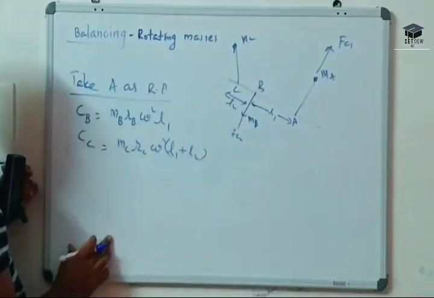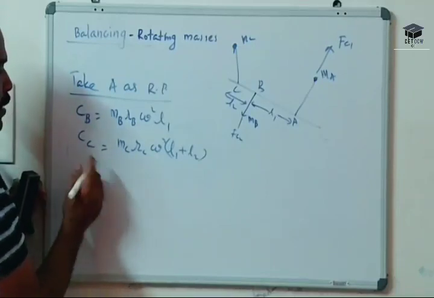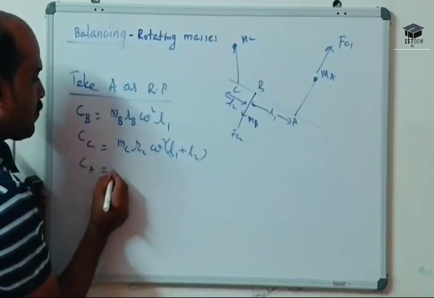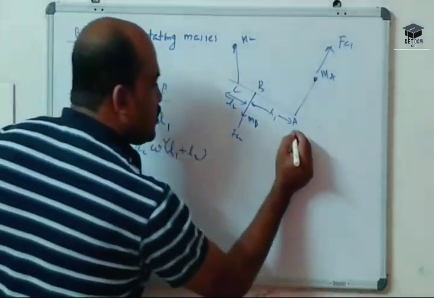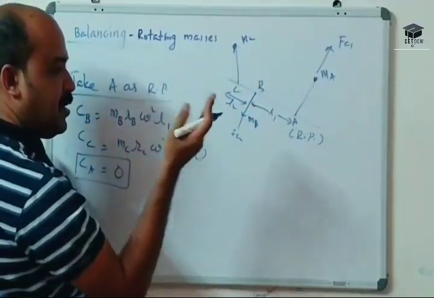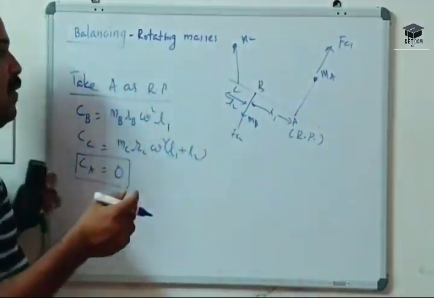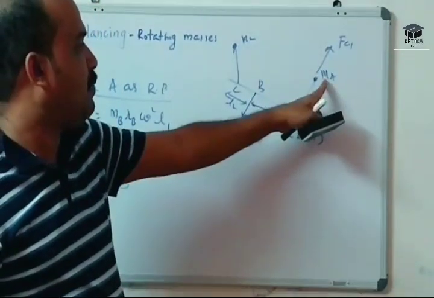What is the couple due to A? Couple due to A is 0, because this is taken as reference plane. So if you take a reference plane, then the moment of forces in that plane will be 0.